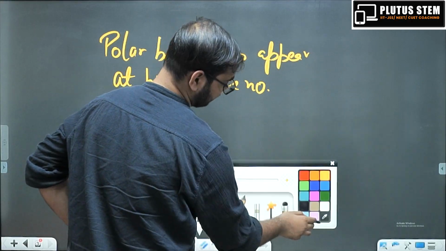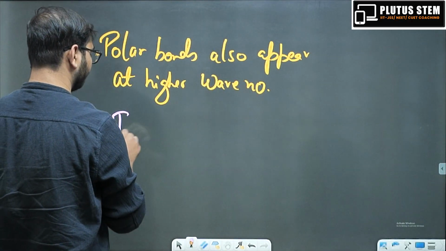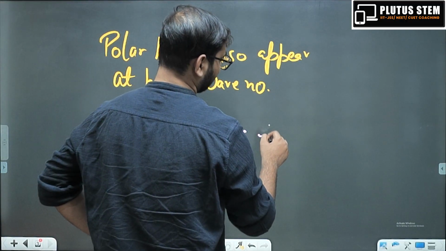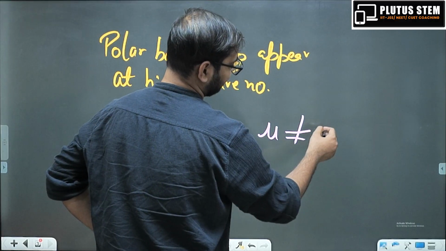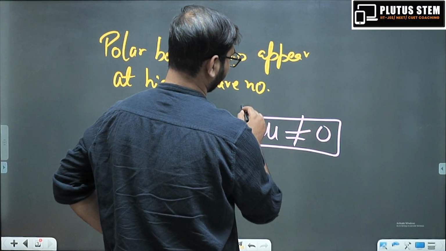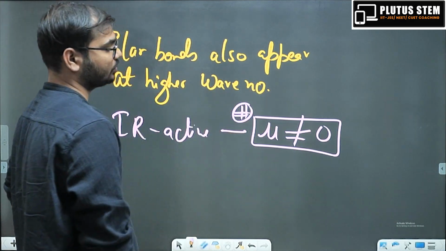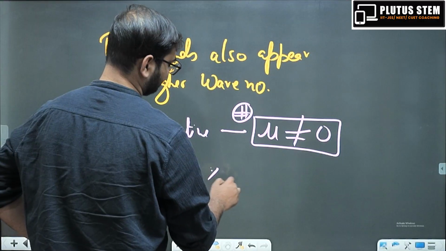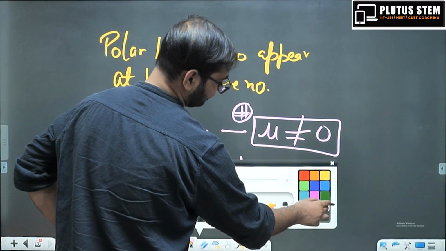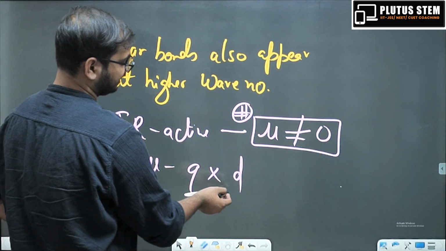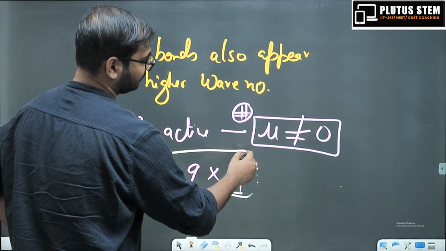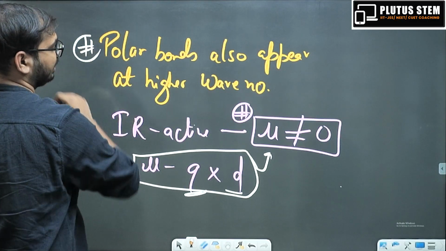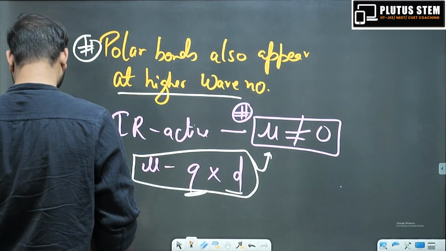This arises because for a molecule to be IR active, it should have a dipole moment; it should not have a dipole moment equal to 0. In polar bonds, mu is given by the charge separation times the distance between them. In the case of a polar bond, the charge separation and the distance decide the bond moment, which helps in explaining why polar bonds appear at higher wave number.